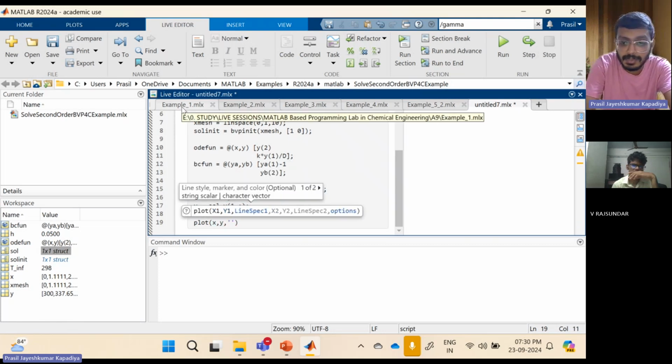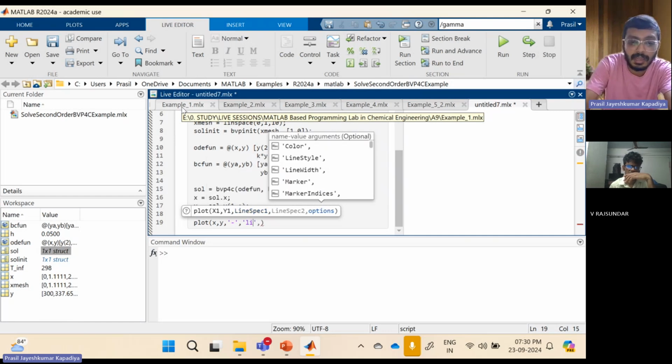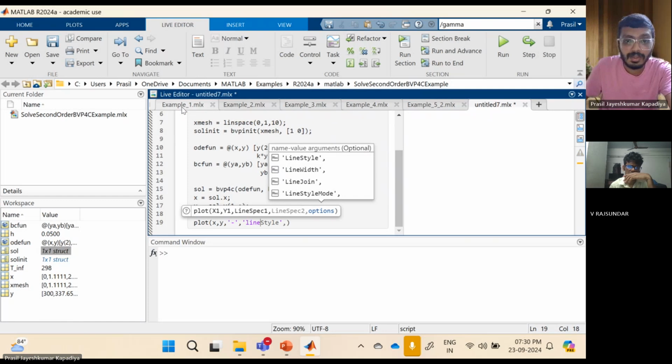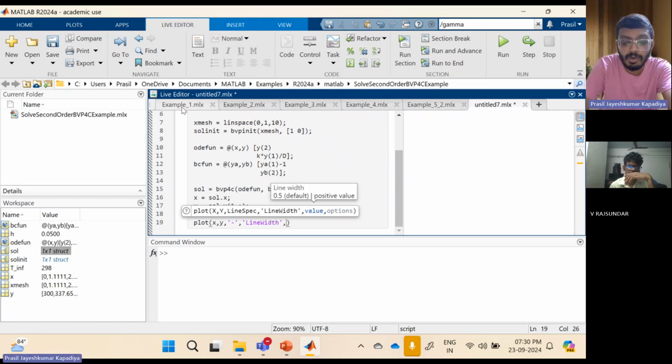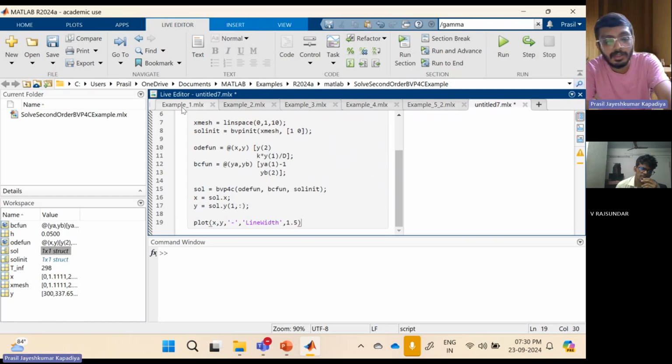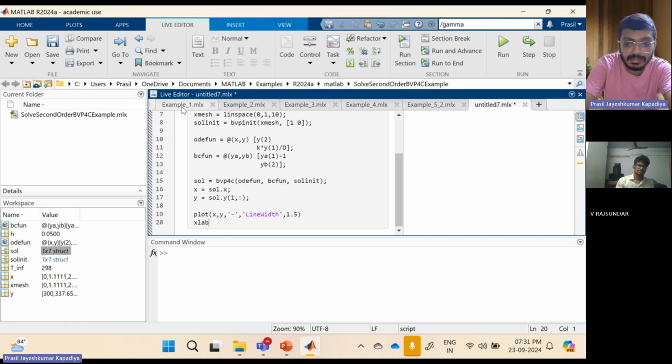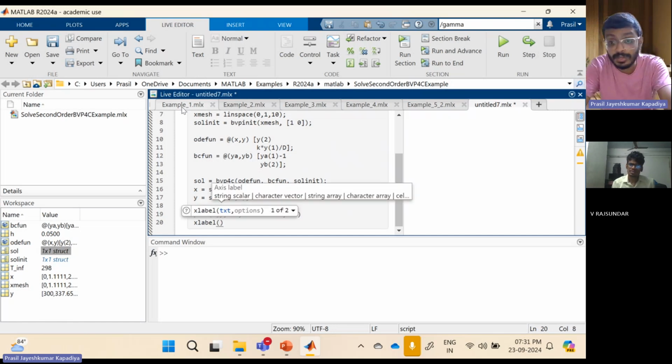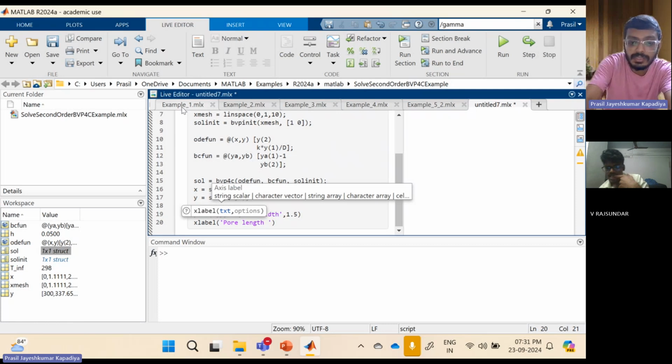Let's say I'm giving my line width is equal to 1.5. My x-axis is nothing but my length, pore length in meter.